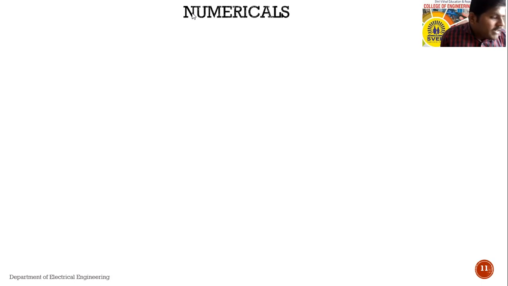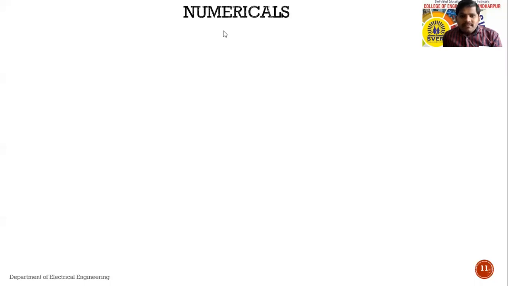When it is run as a generator, what is the efficiency? Generator efficiency 90.3. And what about the motor? 89.5. Right. So roll number 14 solved the correct answer.